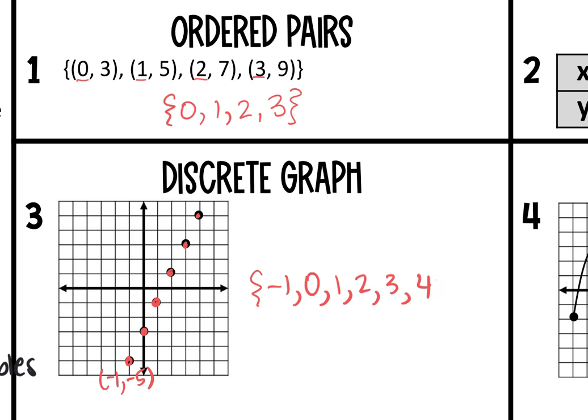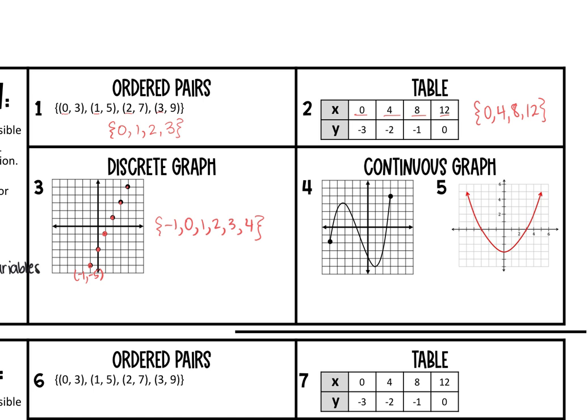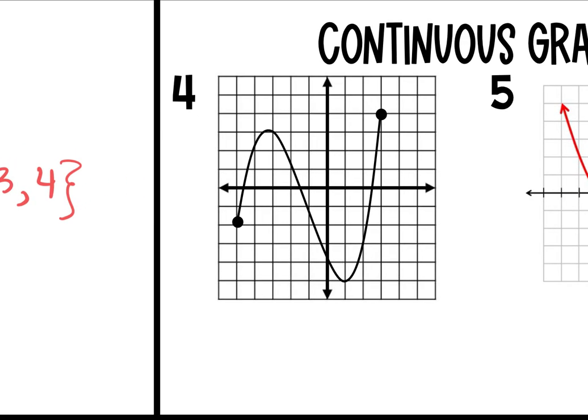All right. So those first 3, really easy. You're just listing the x values for domain. Now when we get into these continuous graphs is where we start to be like, I'm not really sure, because we cannot just list them as a discrete value. Because with this continuous graph, we're going to have x values all the way from this endpoint to this endpoint.